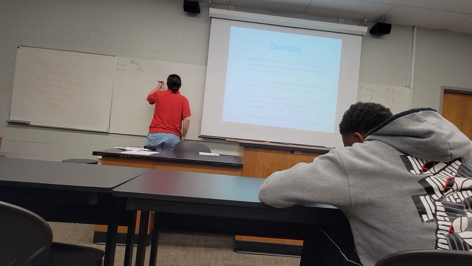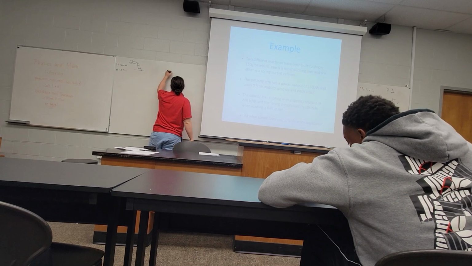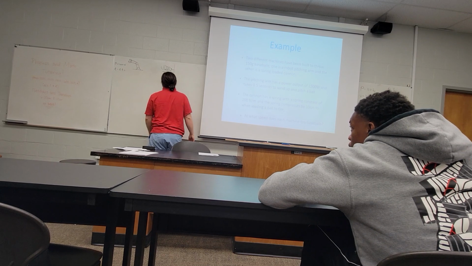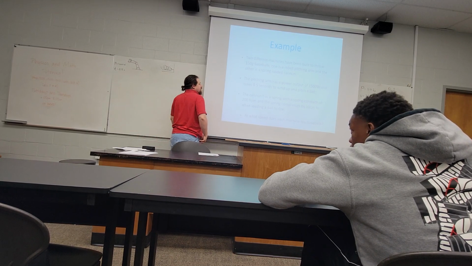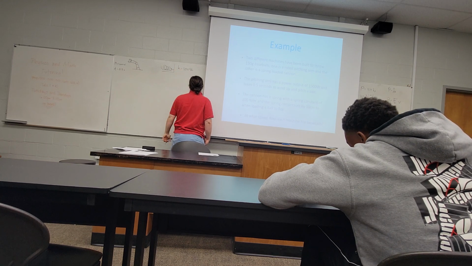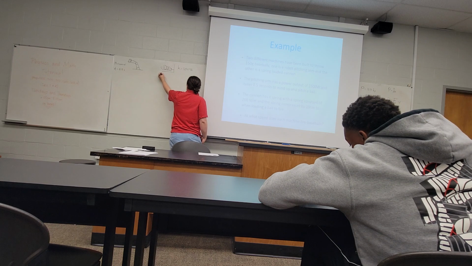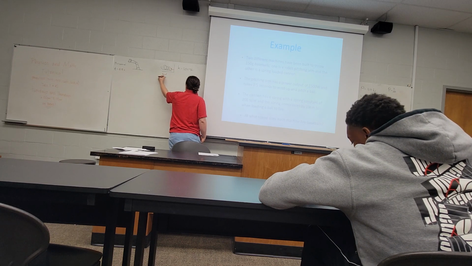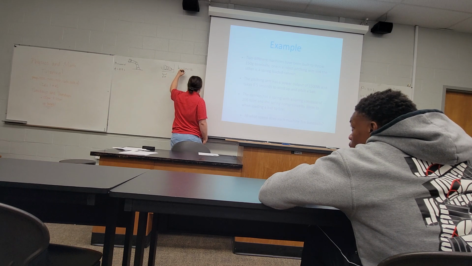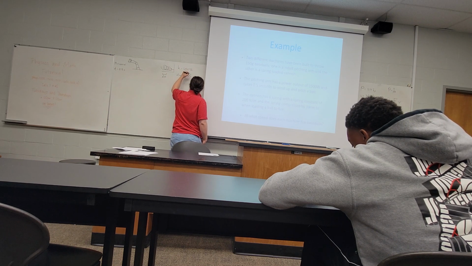And then separately, we've got a very poorly drawn spring cannon. This cannon's spring constant is 200 newtons per meter, and when you load it, the spring is going to compress a distance of 10 centimeters.